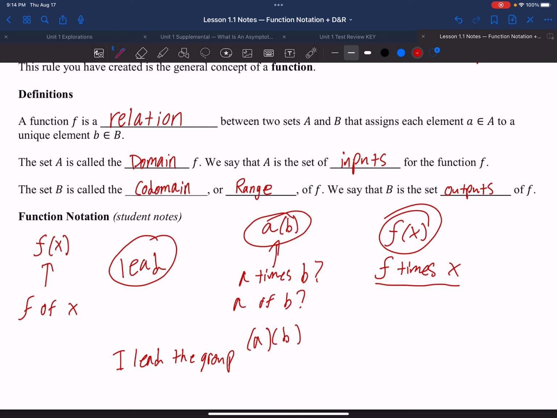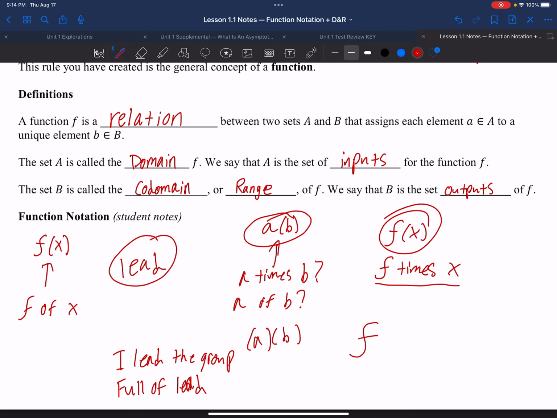You say, I lead the group. But what if you said this? You would say that's full of lead. So how do I know how to pronounce this word? Well, the way I'm going to know is thinking about the context I'm seeing the word in.